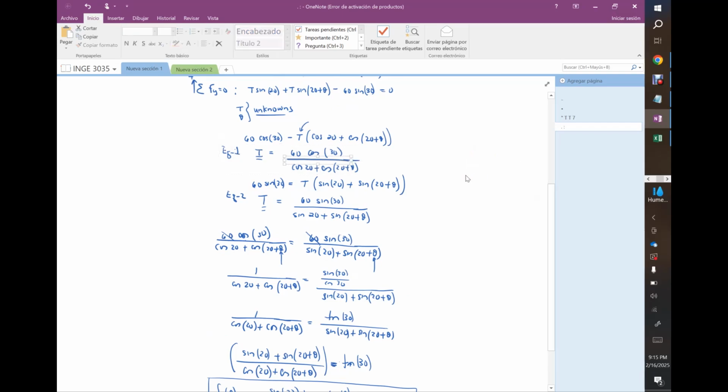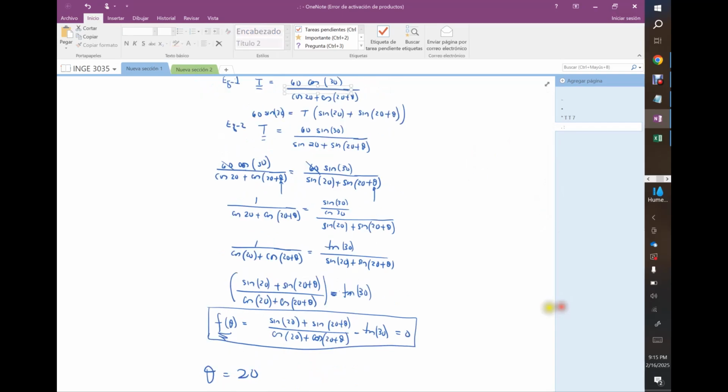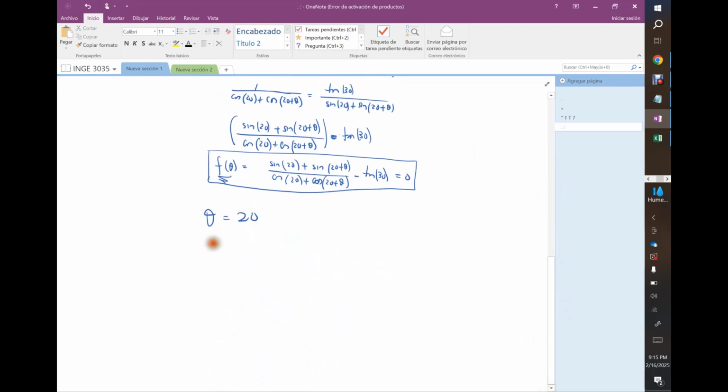I'm not sure what's going on, but something is not right. There we go. So from there, let me see if I can write. The final answer is you substitute this 20 right here, and then you get the t.